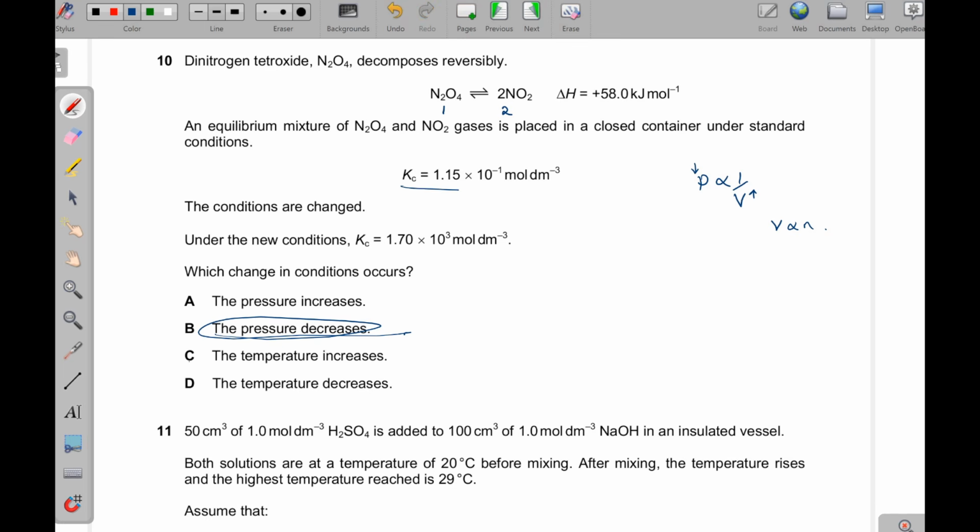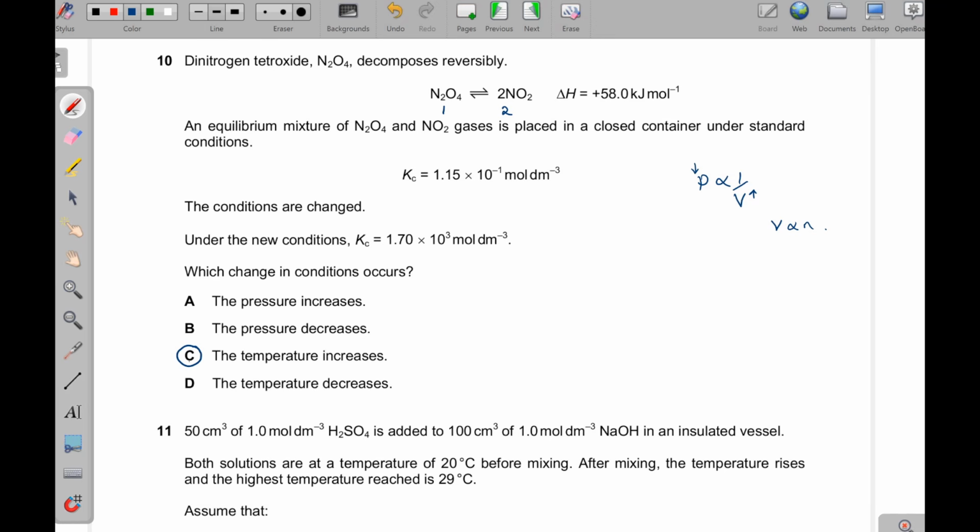But since Kc changed to this one here, then it is increasing what? In temperature. Because this one empowers the molecules to move faster, and then you are going to have more frequent successive collisions. Okay? Because many have been empowered to react, and when they react, they give you the product.